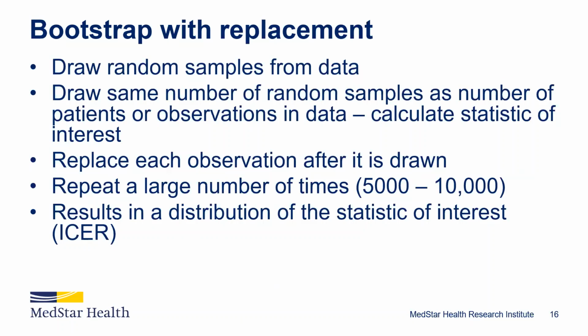So whatever our sample size in our study, we draw the same number of random samples as the number of patients or observations in the data, and then calculate the statistic of interest. We do this bootstrapping a large number of times. We usually do it 5,000 or 10,000 times. And this gives us a distribution of the statistic of interest, or the ICER.